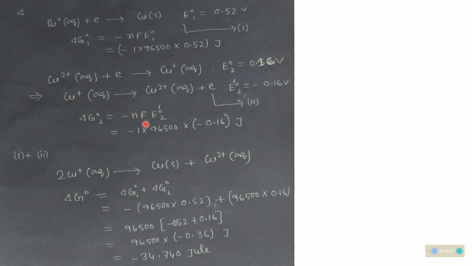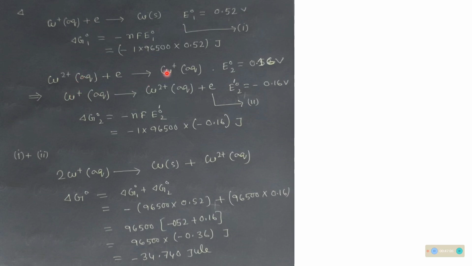In every case n is 1, and we got the del G0 value. For the second reaction, Cu2+, E02 is given, so I just took the opposite reaction, the oxidation reaction.